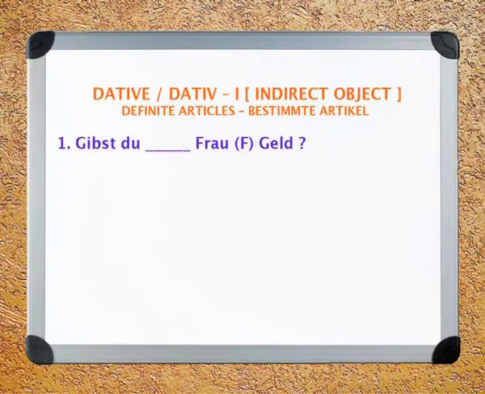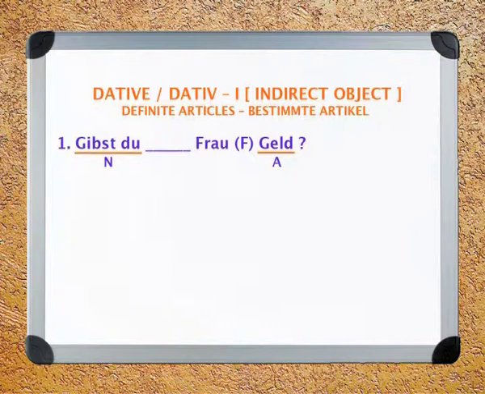Gibst du Frau Geld? Here, first of all, we have the verb geben, which is the conjugated form of the pronoun du, and du is here the nominative, and the accusative here is Geld, which means money, which we mark. And as I told you, here we have the noun Frau, which has got the article die, which is marked by F here, feminine category.